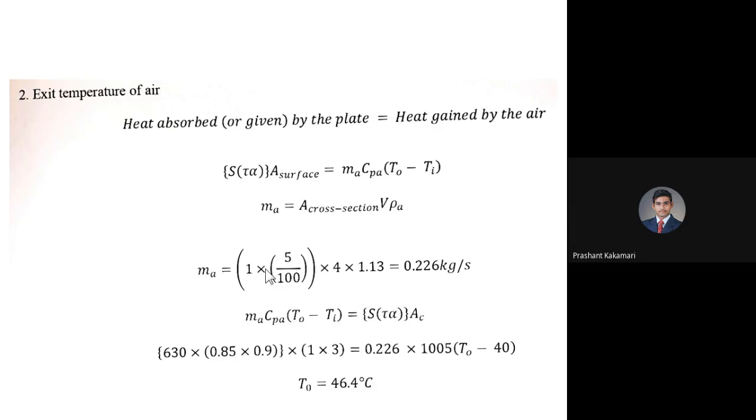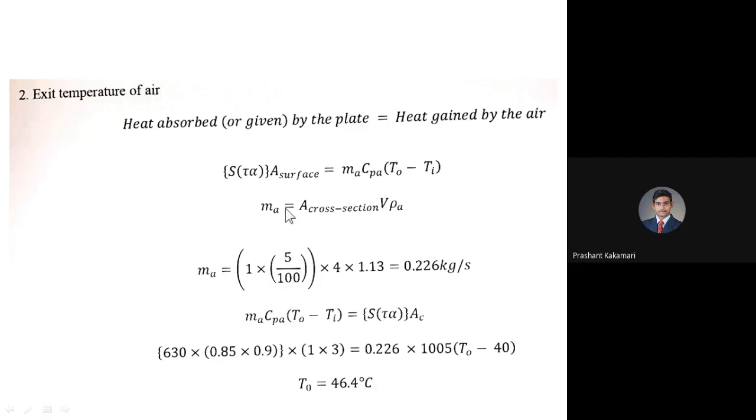But for only the outlet side or the inlet side, the mass flow rate is going to remain the same, as the area and velocity remain the same because the channel is not changing the area. So area into V into rho becomes the mass flow rate of the air at any section of the flow.